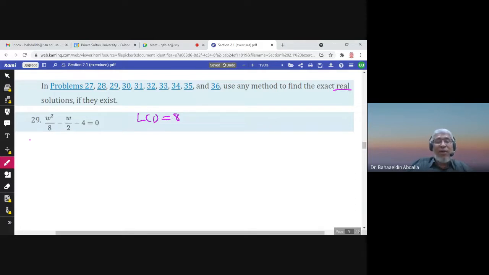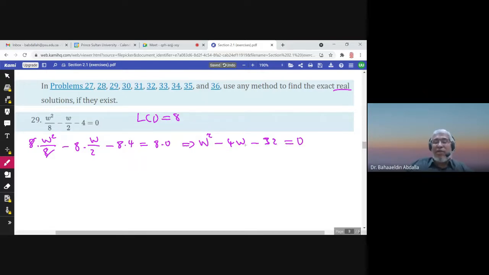So multiply all the terms by 8. 8 times W squared over 8 minus 8 times W over 2 minus 8 times 4 equals 8 times 0. All right. So 8 over 8, so I'll have W squared. 8 over 2 is 4, so I'll have 4W. 8 times 4 is 32. And 8 times 0 is just 0.